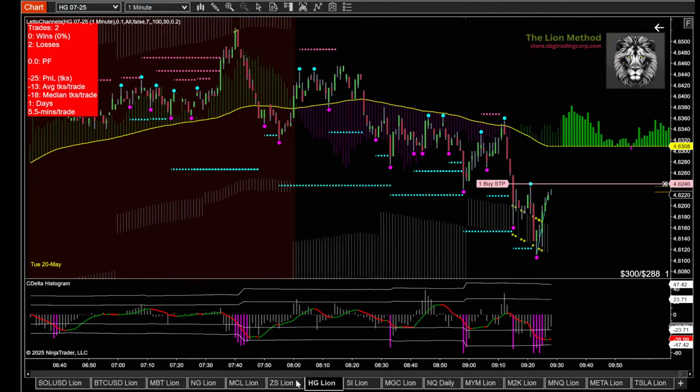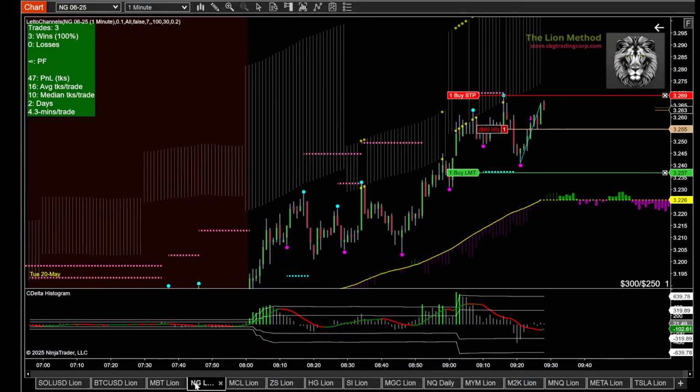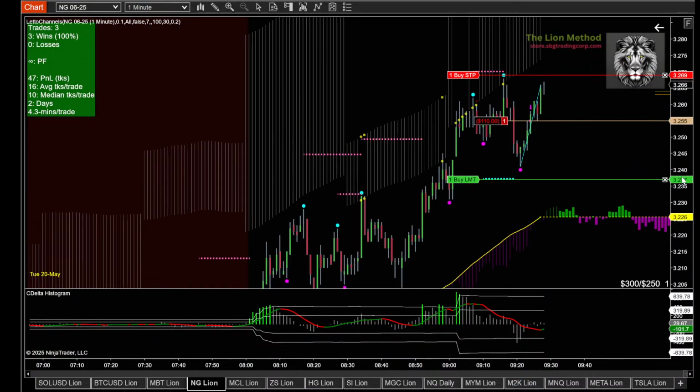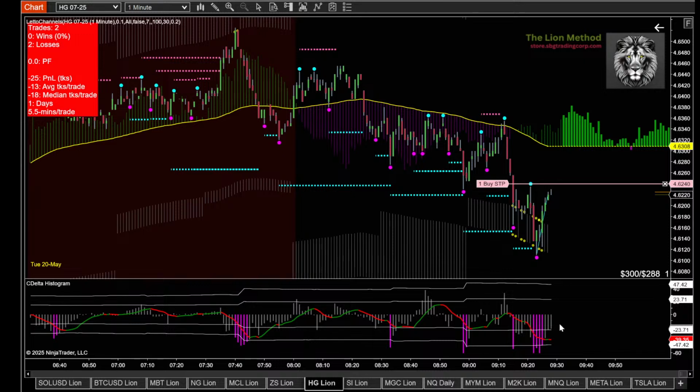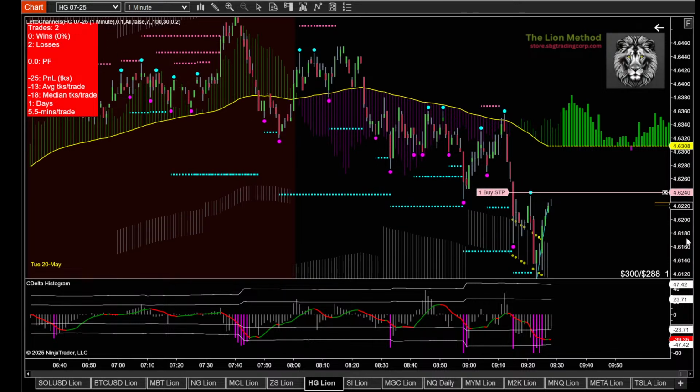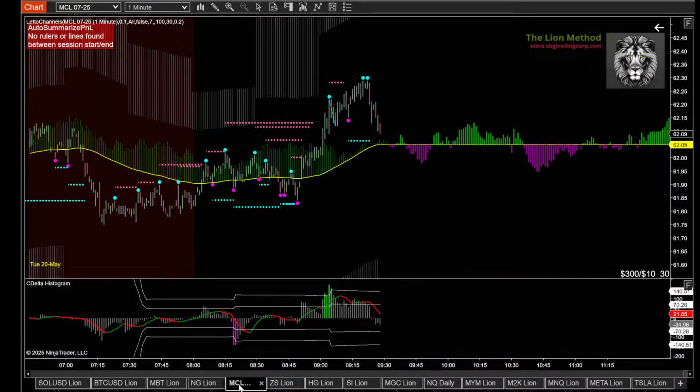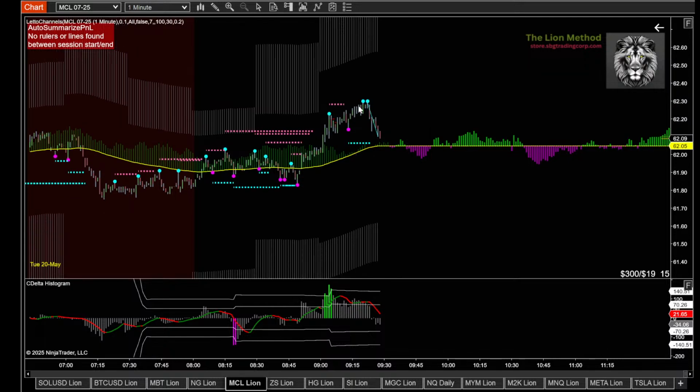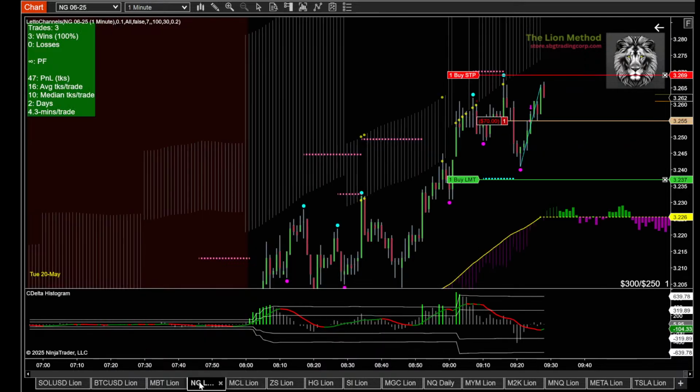All right, copper is moving in to buy. Well, our nat gas is not doing so well. That's all right. Our stop loss is keeping us safe. 9:27 was not overbought here, so just a little bit early.